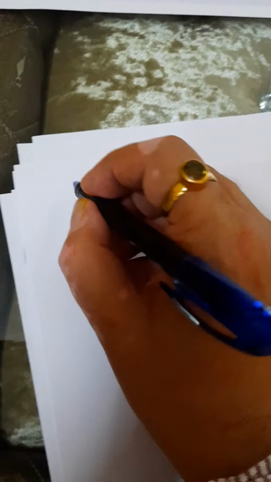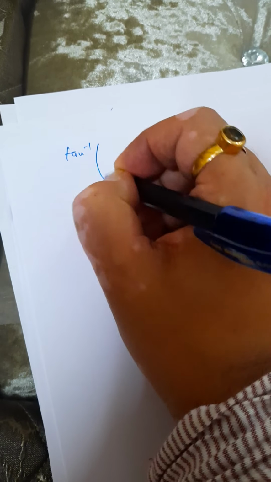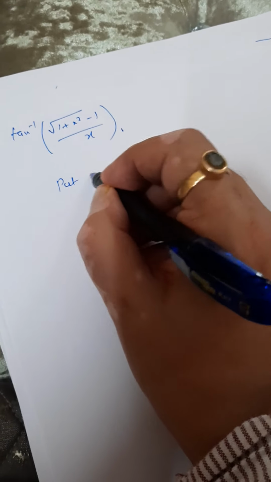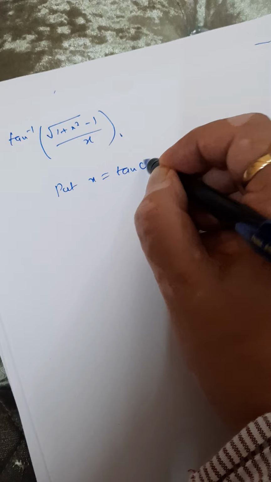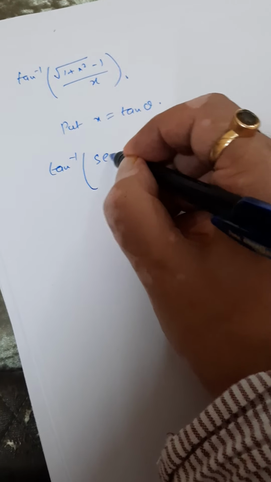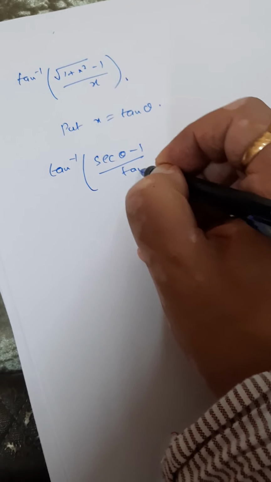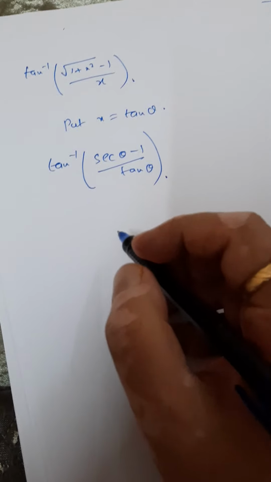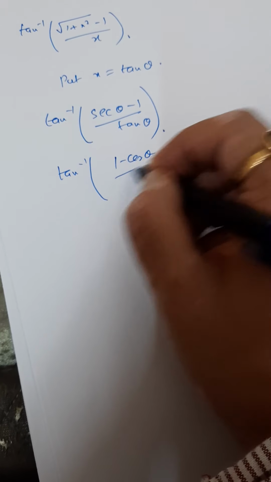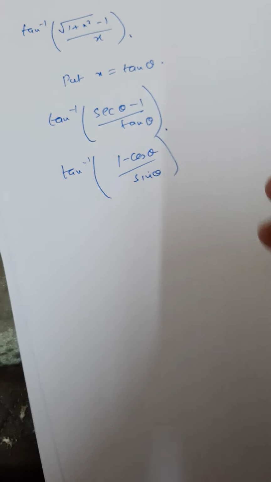Now you have tan inverse of root of 1 plus x squared minus 1 by x. So you put x equals tan theta. So you have tan inverse of sec theta minus 1 by tan theta. This is tan inverse of 1 minus cos theta by sin theta.